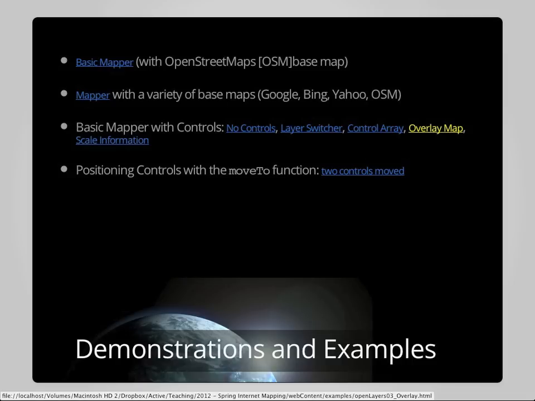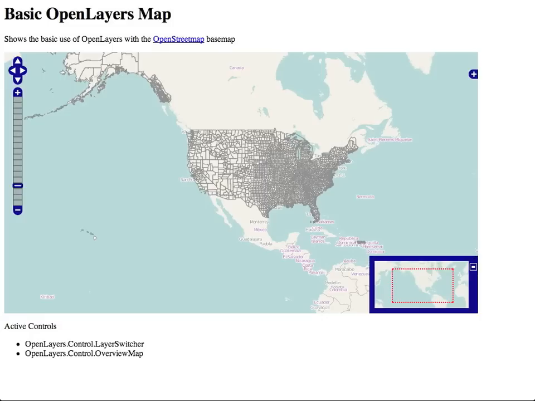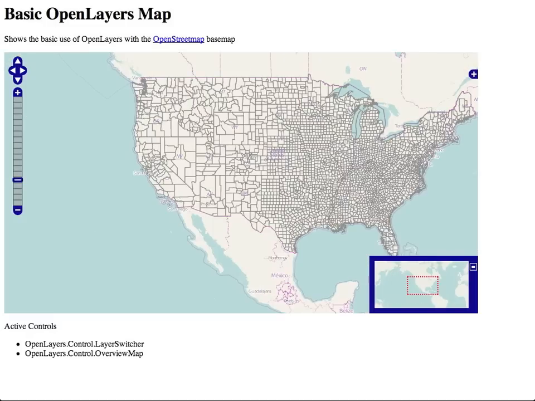Another control that you might find useful is an overlay map, which in this case appears by default in the lower right-hand corner and shows essentially the broader context within the current map view. If I expand this overlay control or overview control, I can zoom in and you can see that the area within the overview is indicating with the red box the location of my map within a larger context.